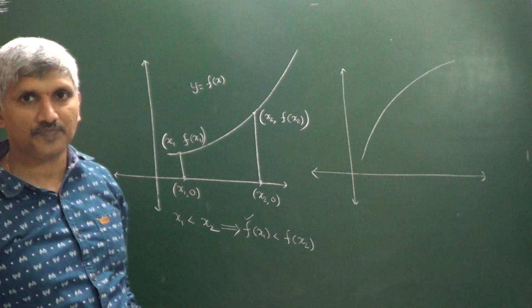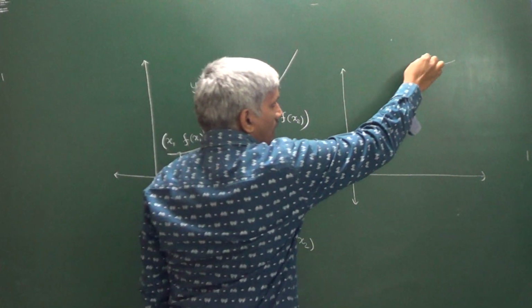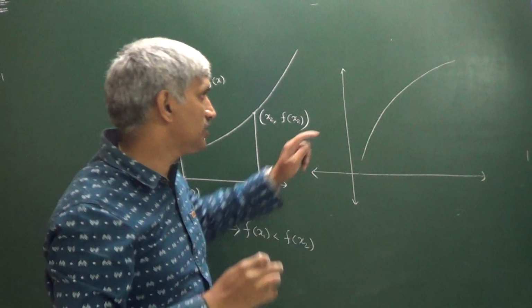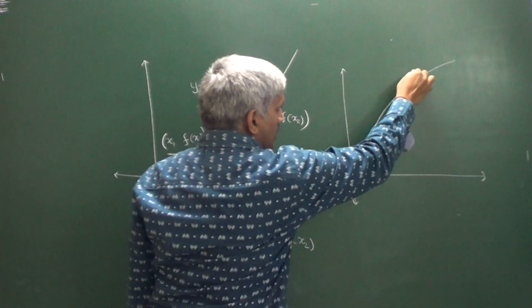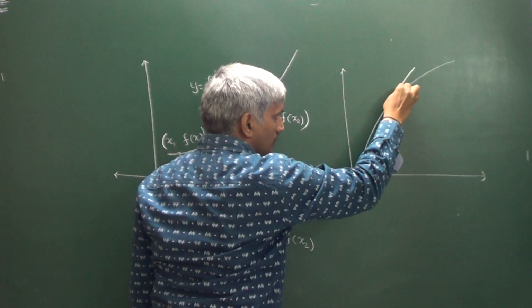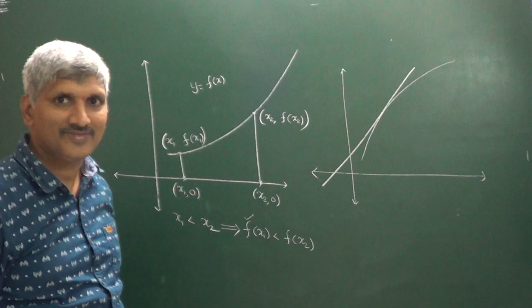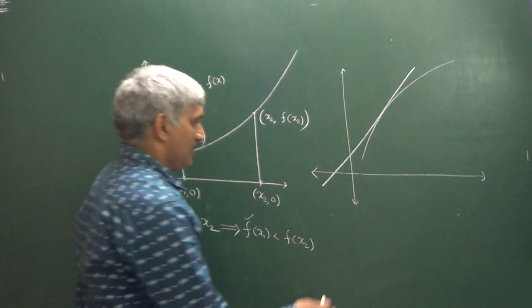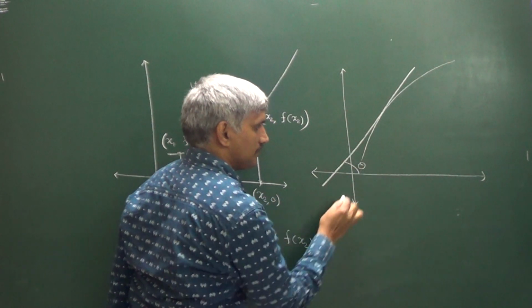That is one way. Now observe here, to this curve at any point, not only at this point, any point, you can draw a tangent. Okay, tangent is drawn. This is the tangent drawn, right? Let us say this angle is equal to theta.